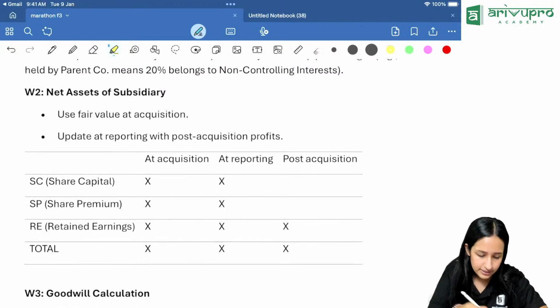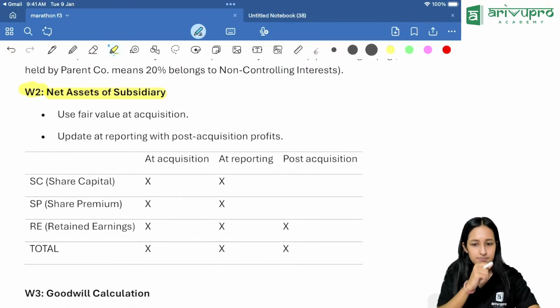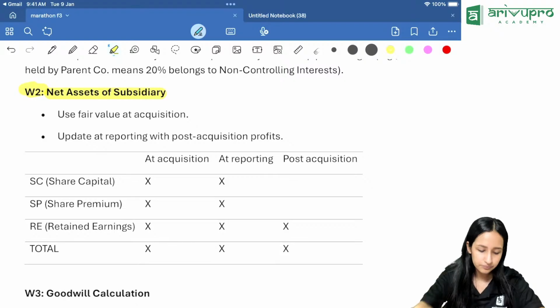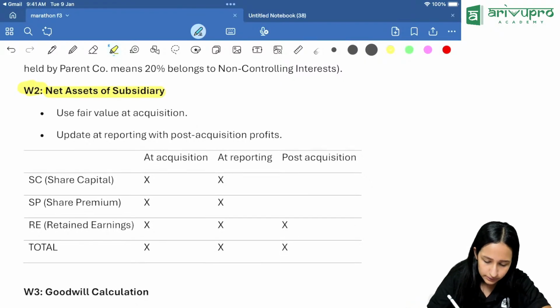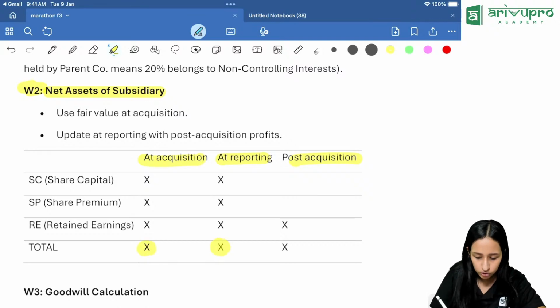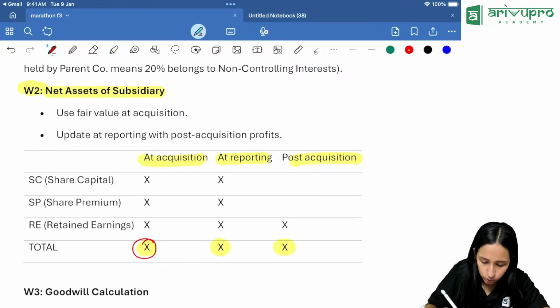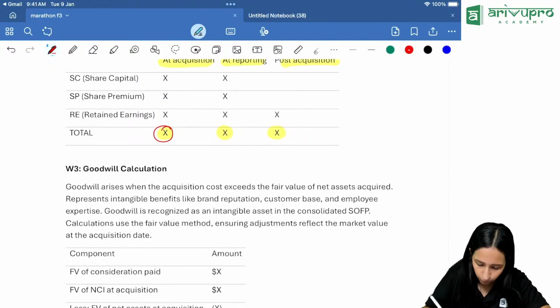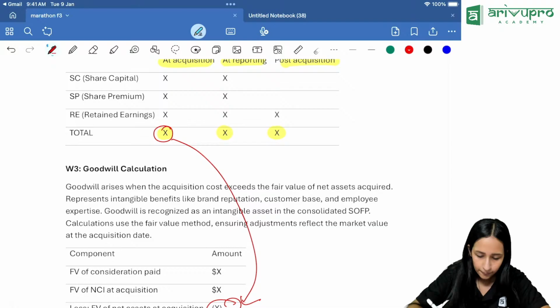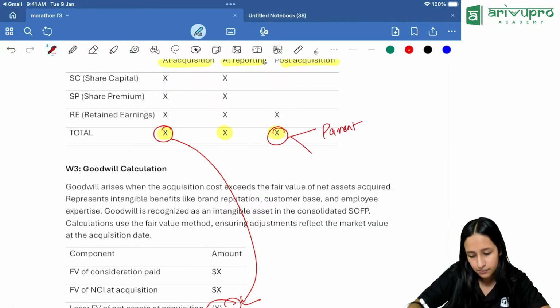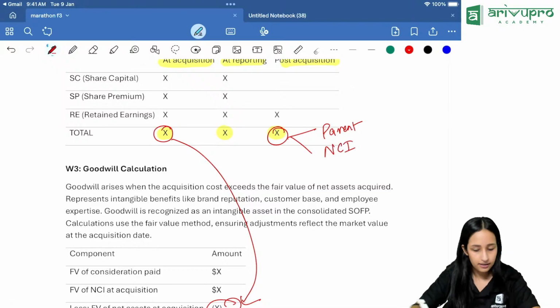Next, the second one is net assets of subsidiary. For this, the working note is at acquisition, at reporting, and post acquisition. You will get the total of this. This particular total will be used in the third step also. This total will be divided between the parent and the NCI according to the percentage.